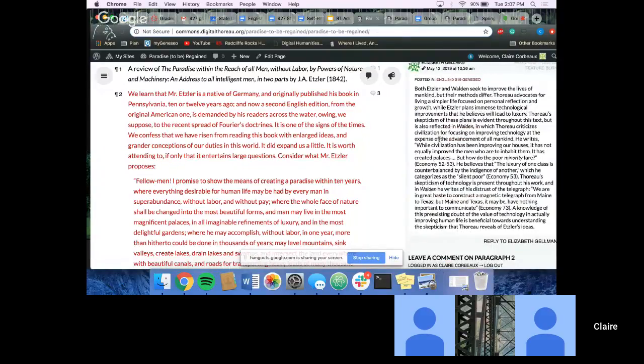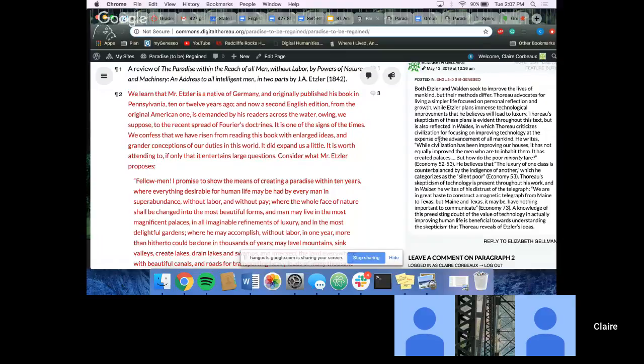So I said that it was interesting that both Etzler and Thoreau are interested in how to better mankind, but the way that they want to do this is different, in that Etzler has this kind of utopian view in which he puts forward even this satellite, or all of these technological improvements that he thinks will lead to man accomplishing more in 1 year than in thousands of years.